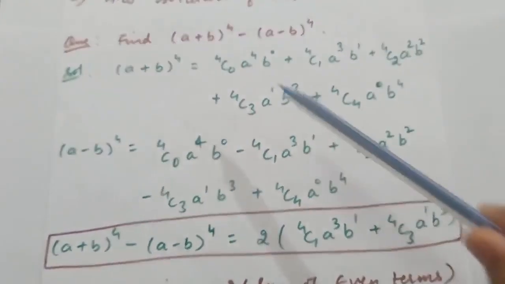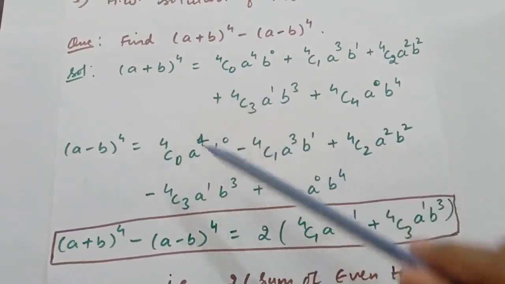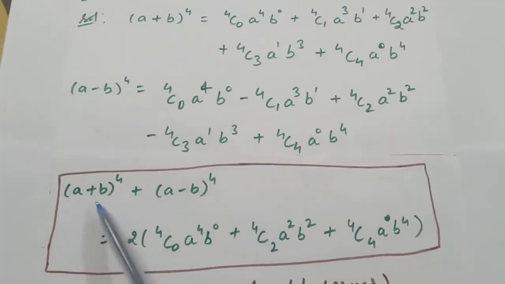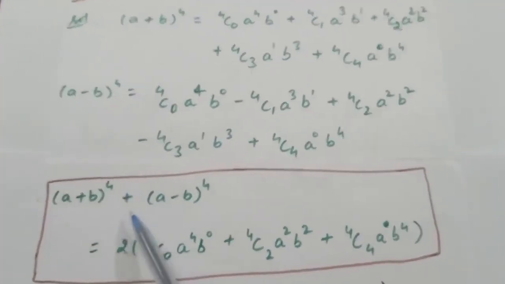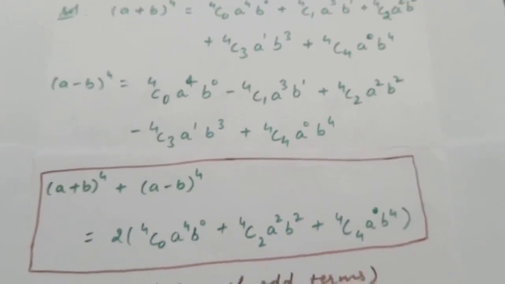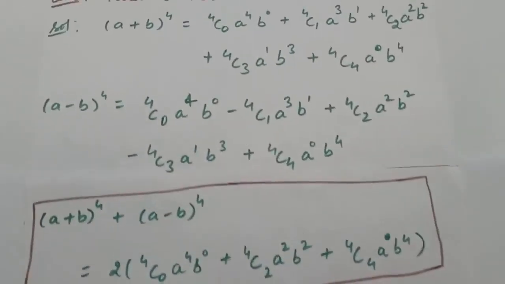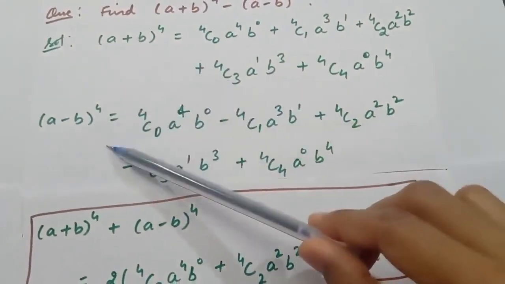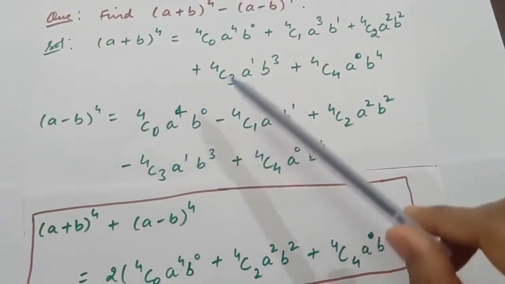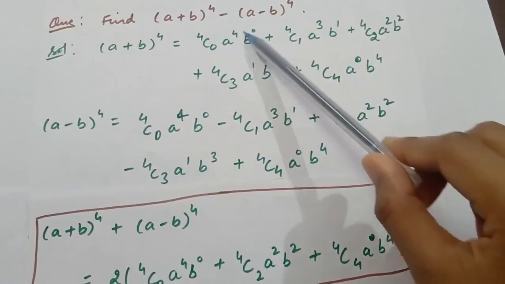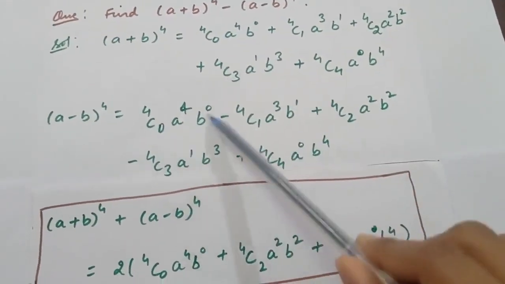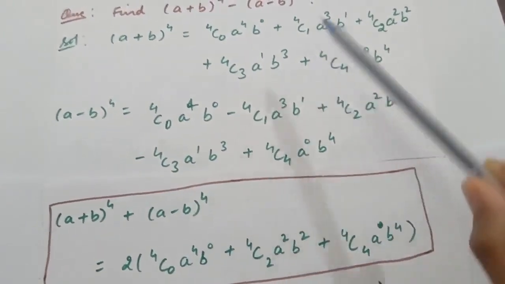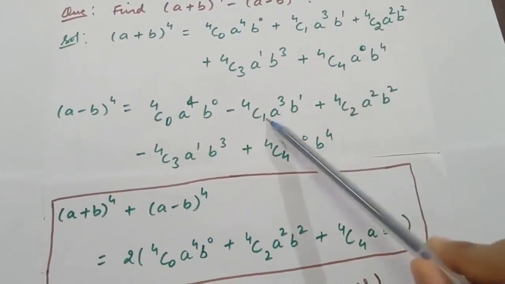Right? Now if we have to find the sum of these two, (a + b)^4 + (a - b)^4, when we add these two expansions, this term is positive, this term is also positive, so you will get twice of this term. Then the second term will get cancelled.